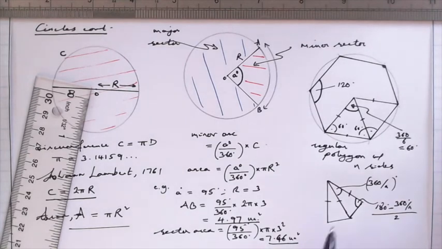Okay, and so actually this internal angle of the polygon, so this complete angle here, will be just twice this, so literally 180 degrees, take away 360 degrees divided by n.